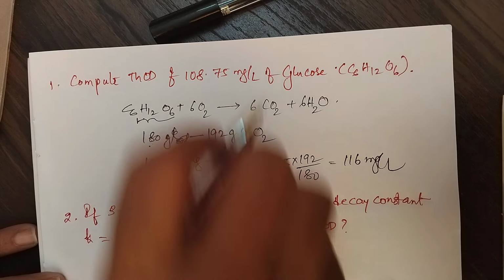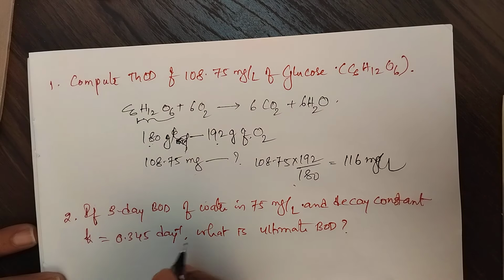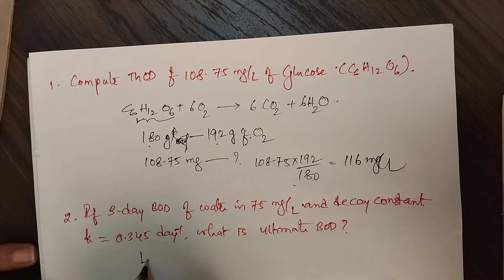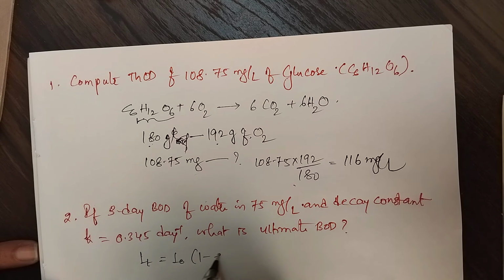So these are all direct application of the formula. We have the formula BOD at any time is equal to ultimate BOD L0 into 1 minus e power minus KT. So we want to calculate L0, so L0 would be LT by 1 minus e power minus KT.